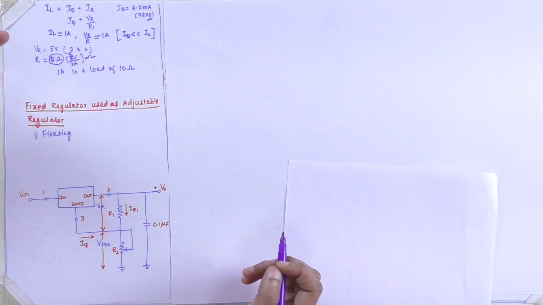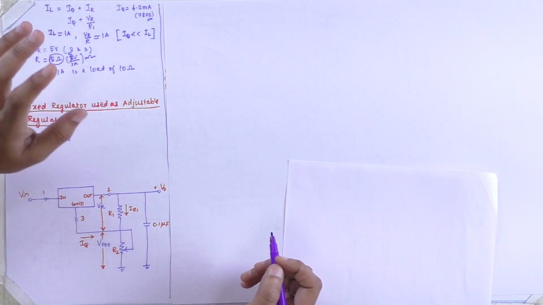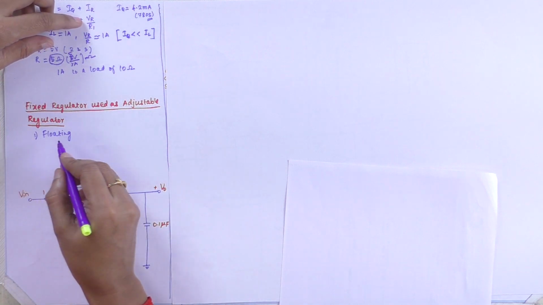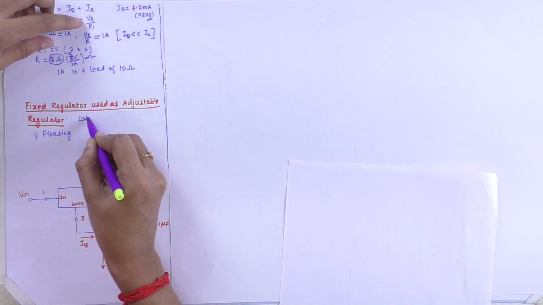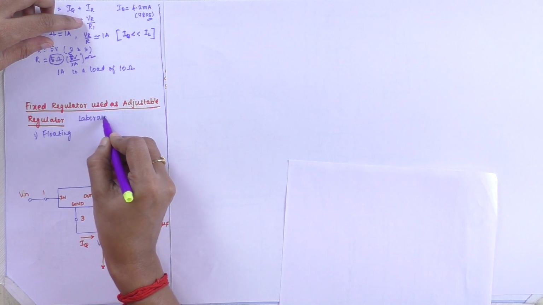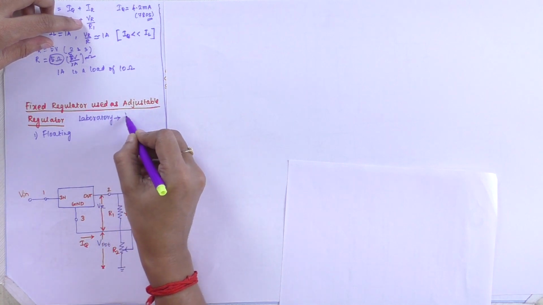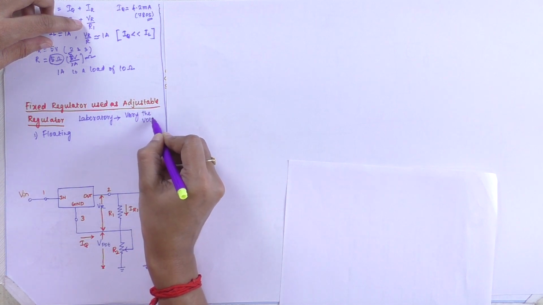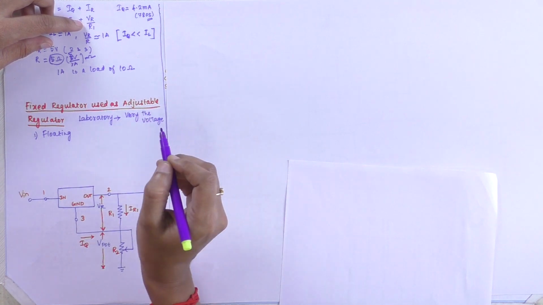Initially I mentioned the input side is made of ceramic and the output is 0.1 microfarad. It is mainly used in the laboratory to vary the voltage. That is the ultimate aim of this adjustable regulator concept.